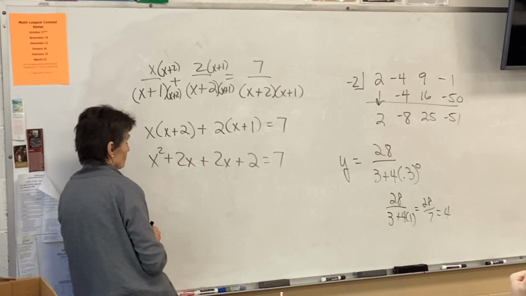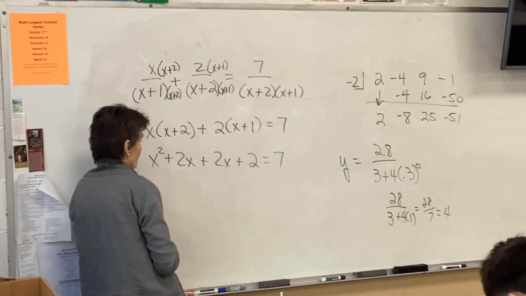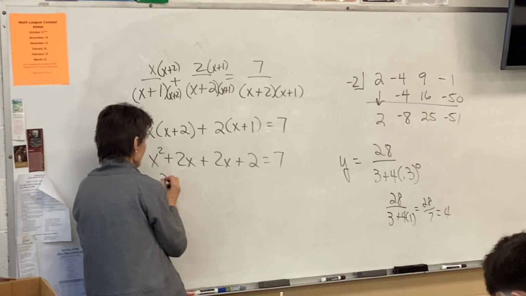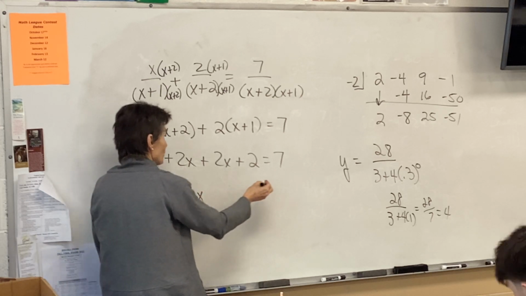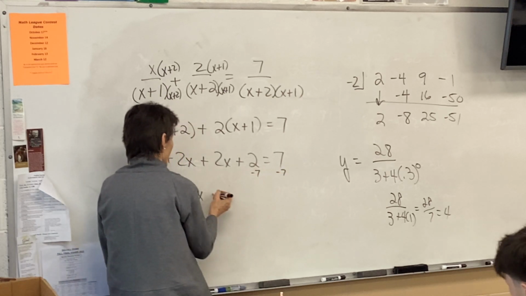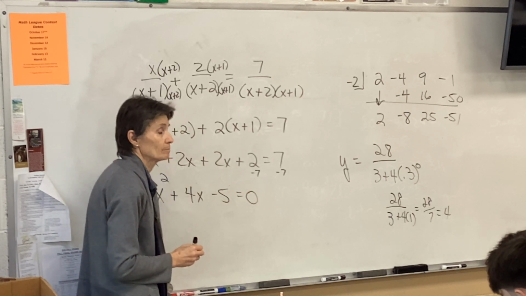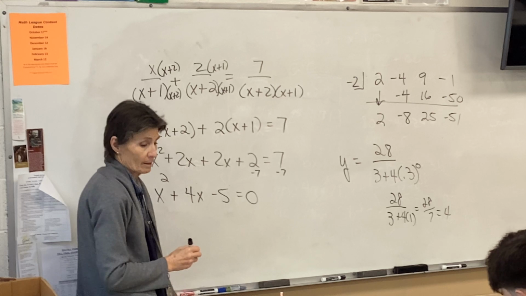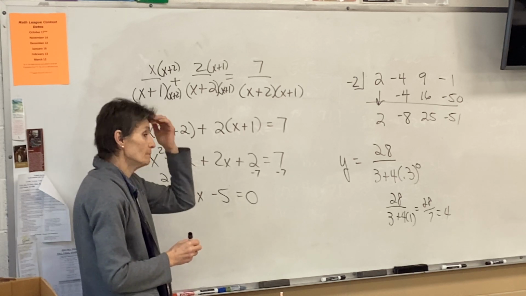Just distribute them. Then what? Combine like terms. And let's go ahead and get it set equal to 0.